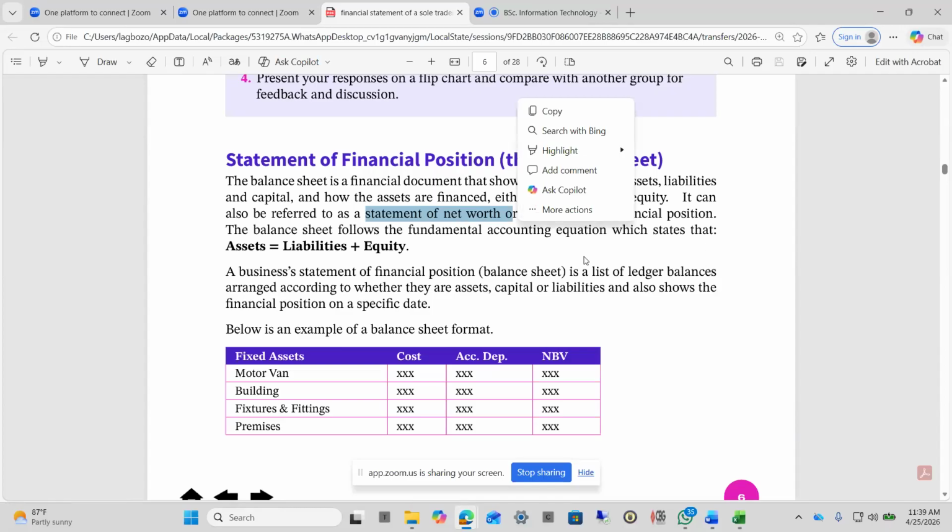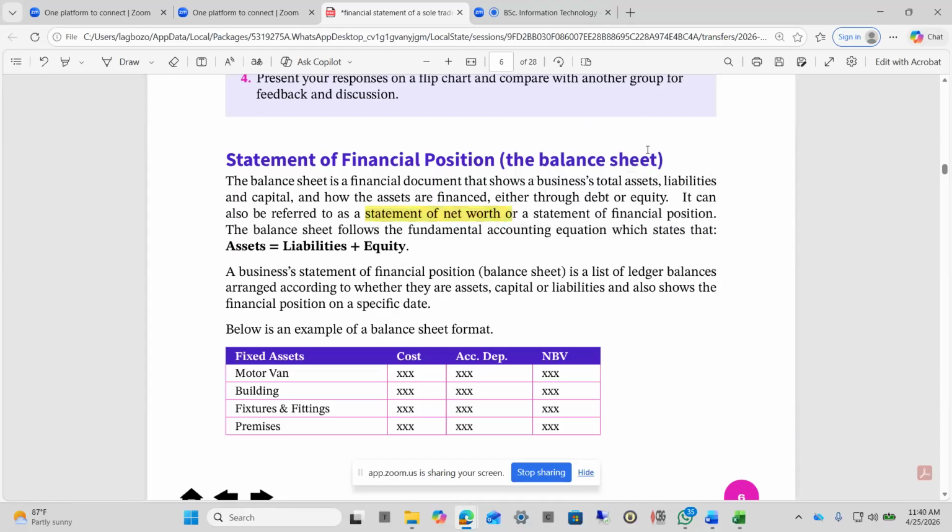Hello, sir. Are we together? Yes, sir. We are together. So we have statement of financial position, balance sheet, and then statement of net worth.